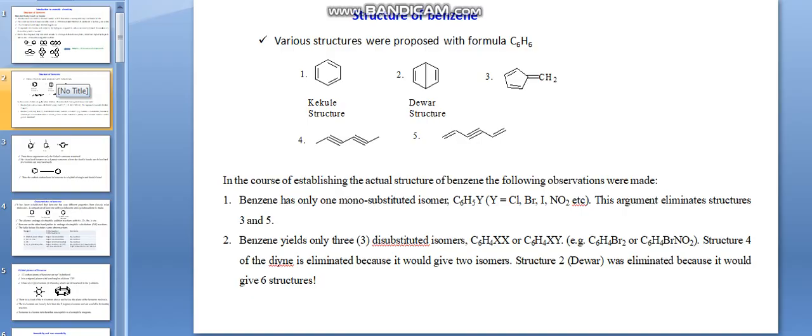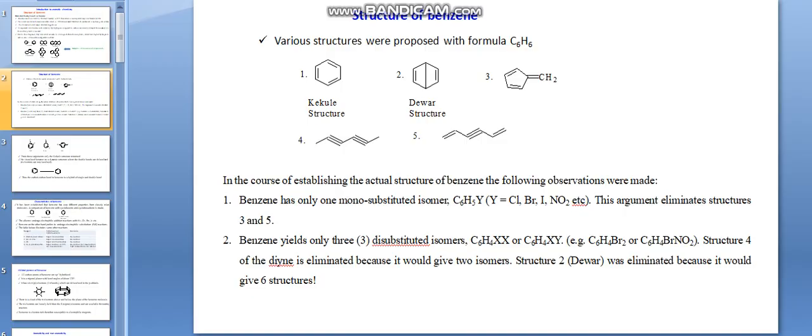So in the course of establishing the actual structure of benzene, the following observations were made. The first one was that benzene has one monosubstituted isomer.